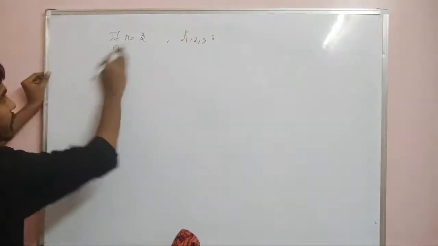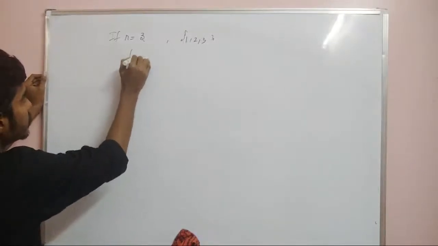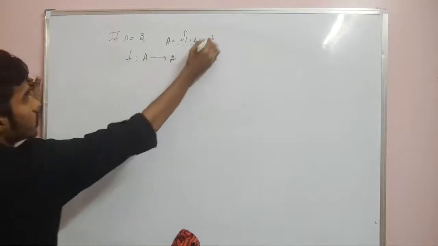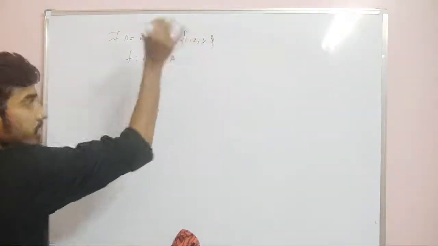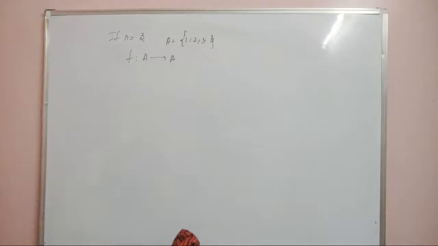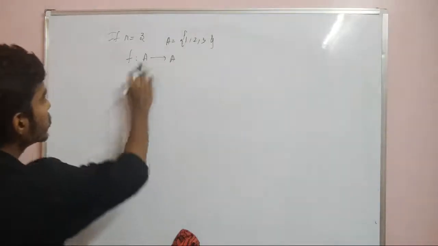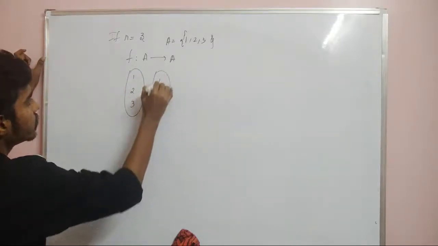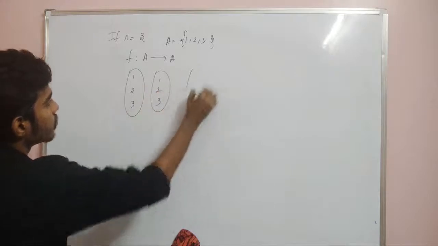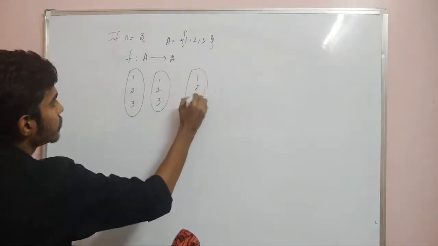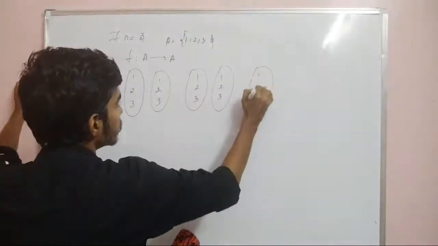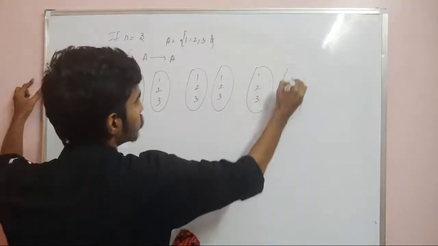So we need to find all 1 to 1 mappings between both sets, where A is 1, 2, 3.